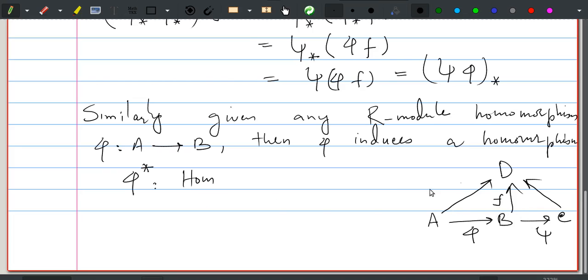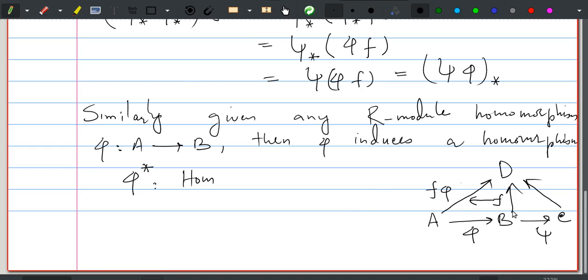This phi star carries this map to some map here. Obviously this map will be F of phi, because going from A to D via B is the same as going from A to D directly. So this direct map phi F is the same as this F composed with phi.